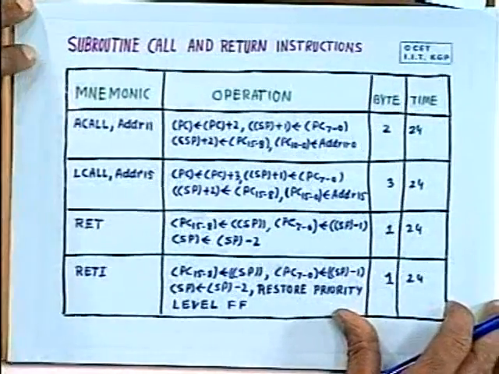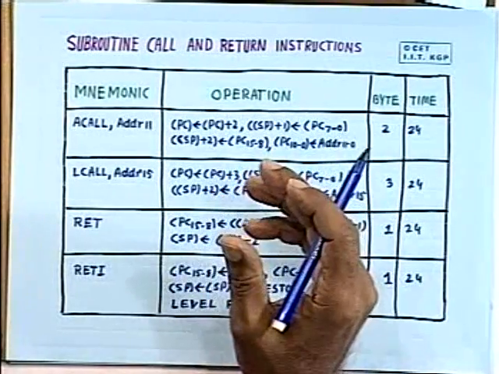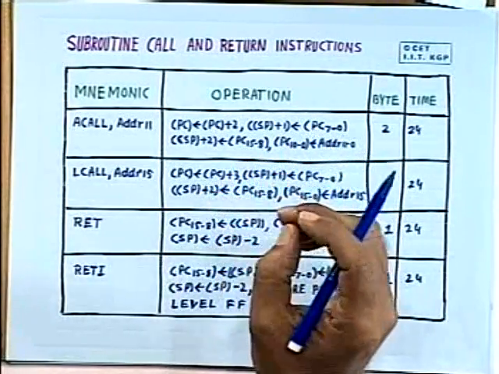So, whenever a subroutine call is taking place, you can see here the subroutine call does not push the program status word. In case of 8085, we have seen the program status word is also pushed in the stack. It is not done here. The reason for that is you have already seen the flag bits are not affected that much.